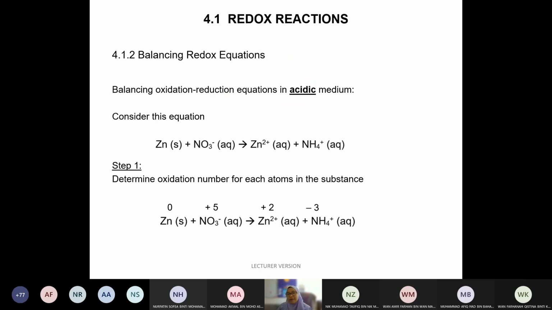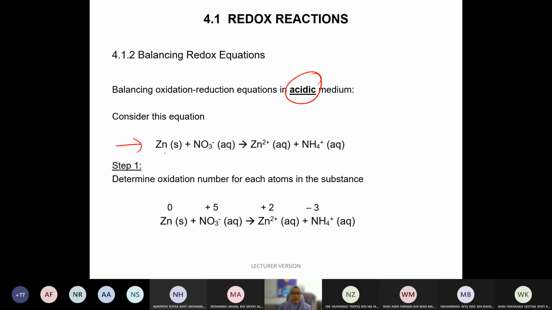Let's look at this example question: balancing an oxidation-reduction equation in acidic medium. This is the equation that is given to you, and you have to balance it.